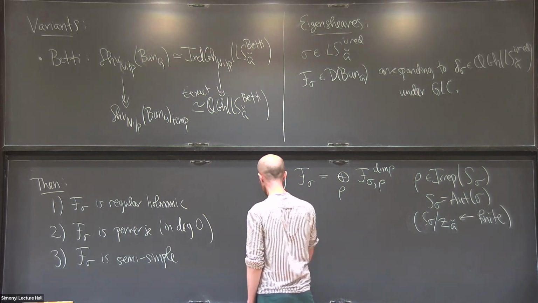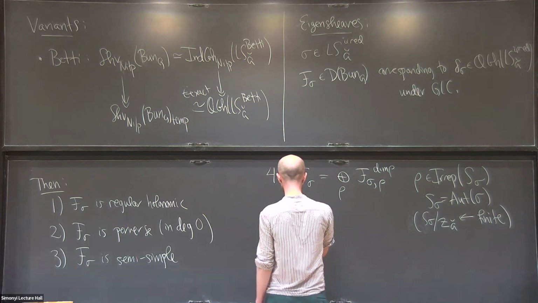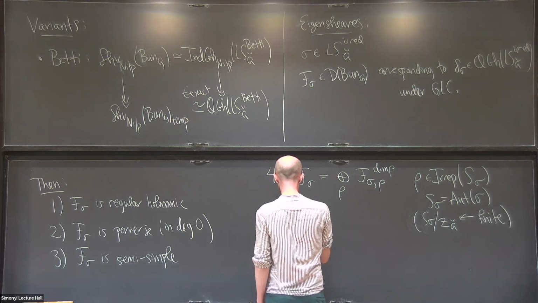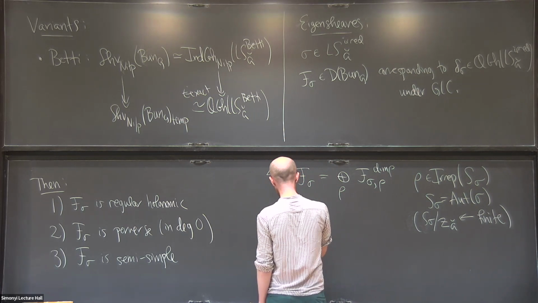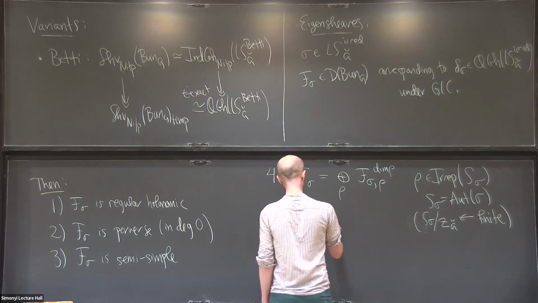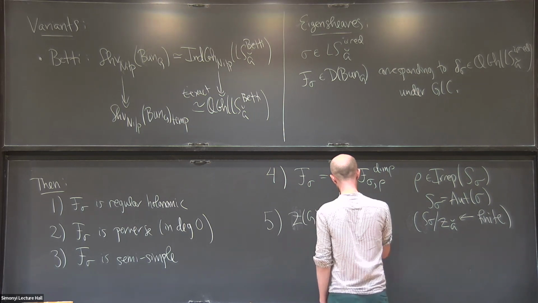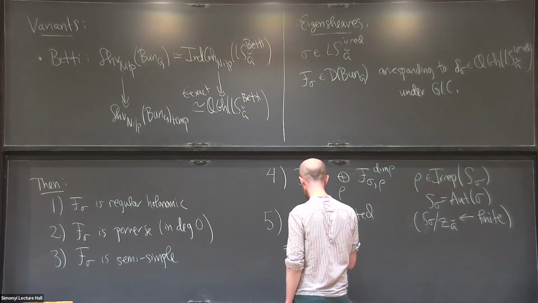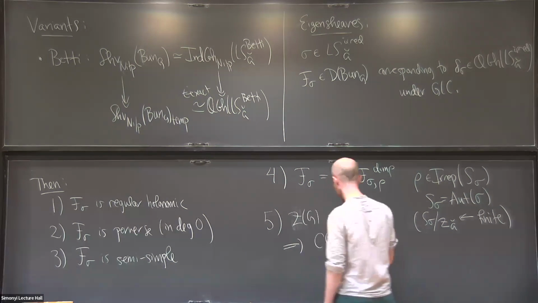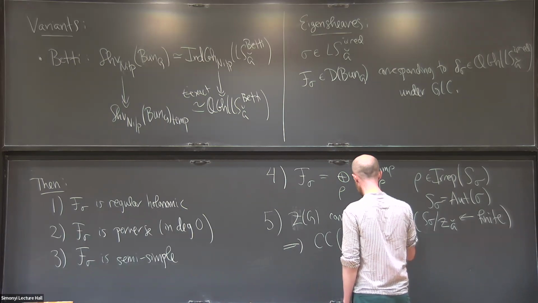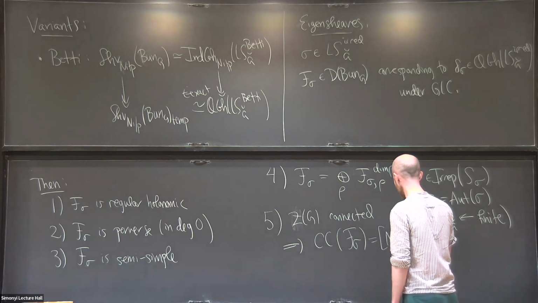And the fifth thing, which unfortunately at the moment I can only prove if the center of G is connected, is that the characteristic cycle of this F sigma is exactly the nilpotent cone.